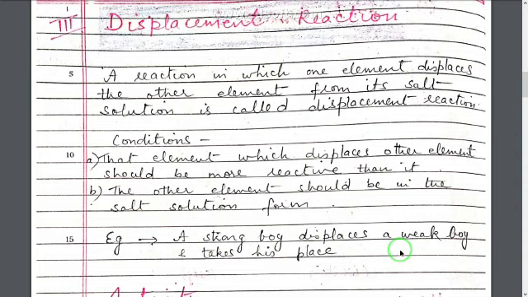But if the boy who wants to push the other boy is weaker than him, he cannot displace him. Similarly, the reaction will not occur if the other element is weaker. So here we'll perform one activity.